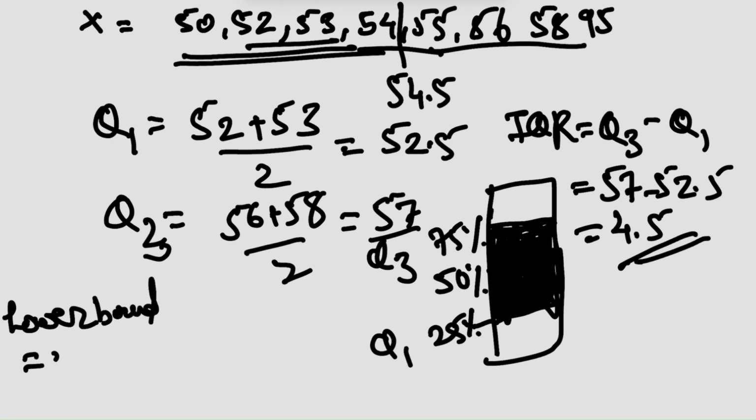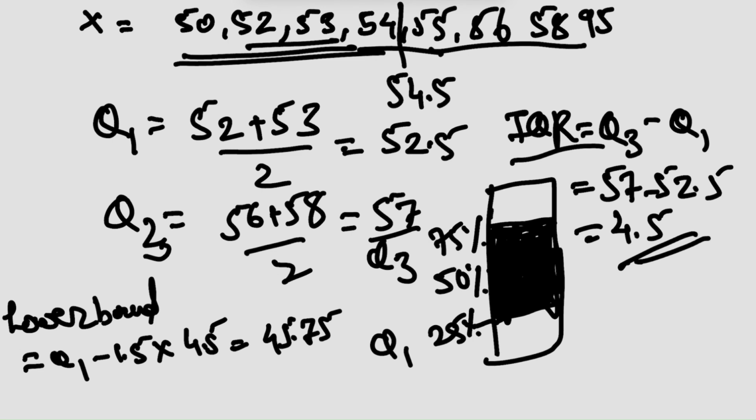Lower boundary is given by Q1 minus 1.5 into the IQR that we calculated, that is 4.5, and this turns out to be 45.75. Alright, so this is your lowest range. Anything below this will be considered an outlier.